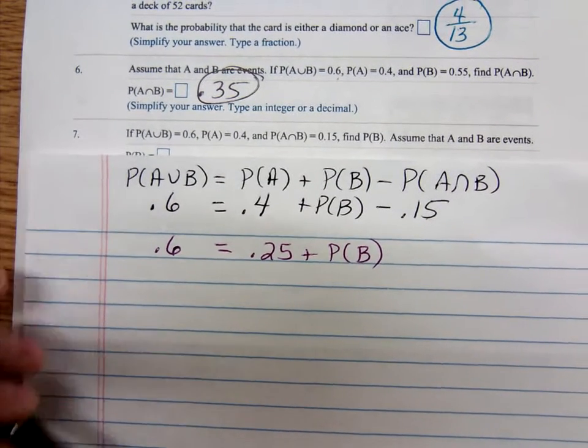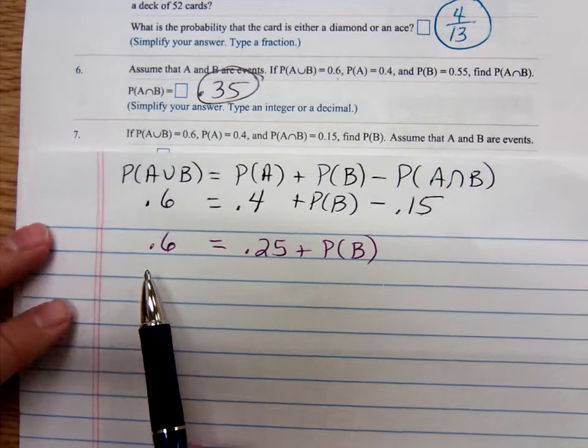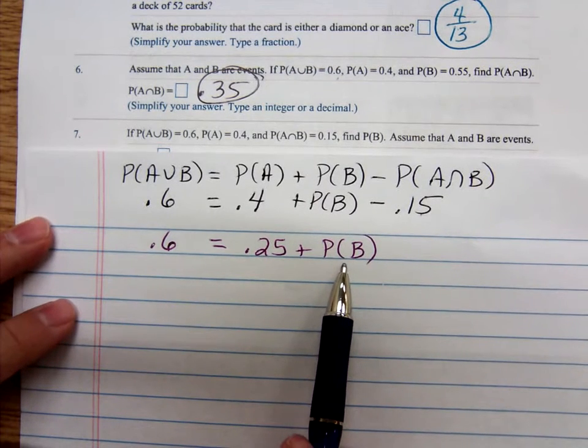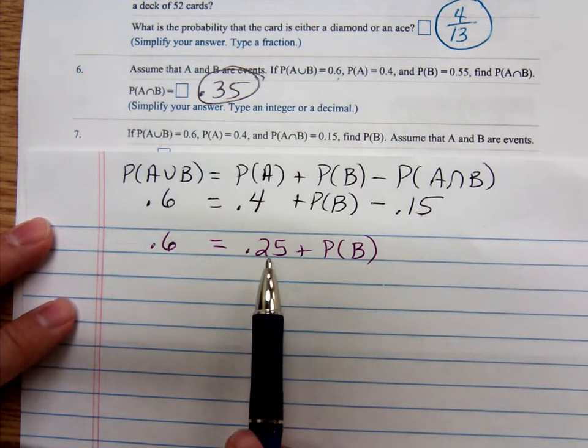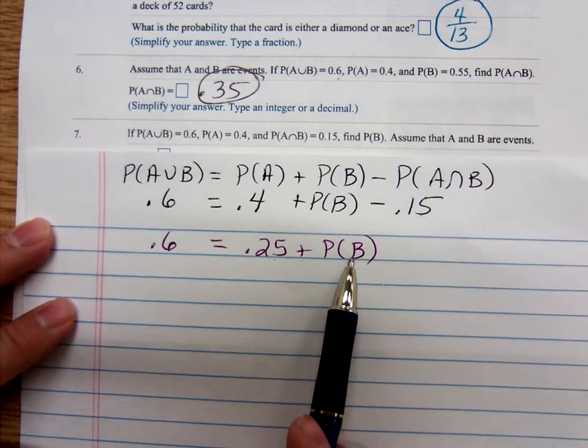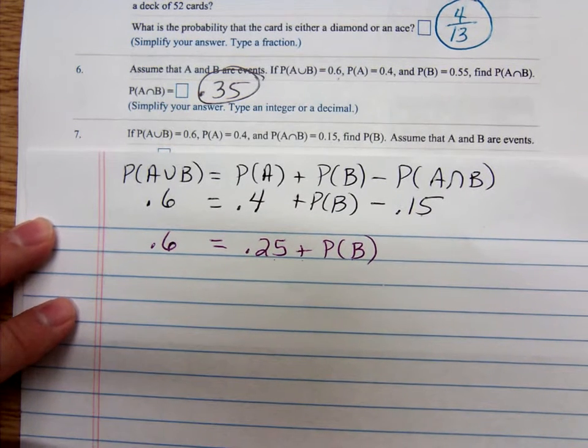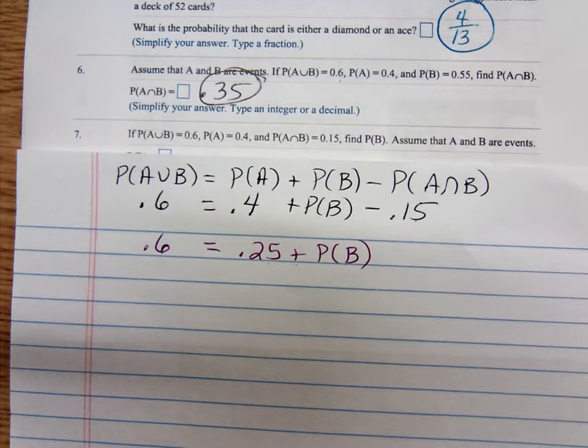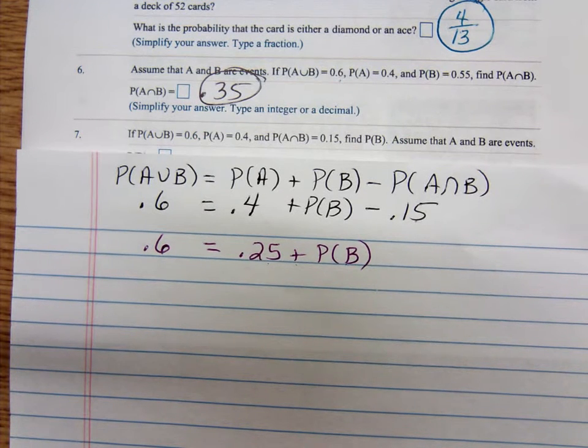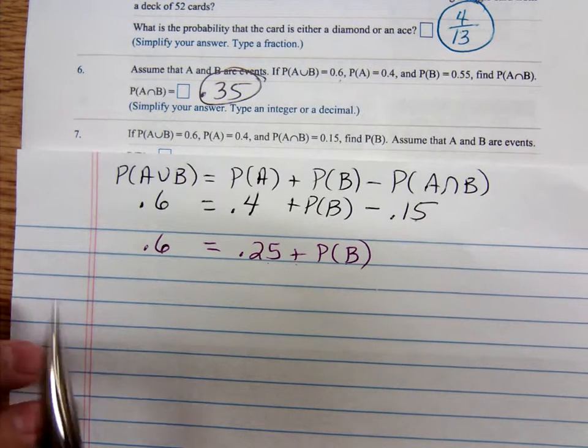So thinking in terms of percentages, I bet you could figure out B right now. 25% plus what would give you 60%? Well, 25 plus 35? Oh, is this another 35% like on the one we just did, number 6? Yeah.